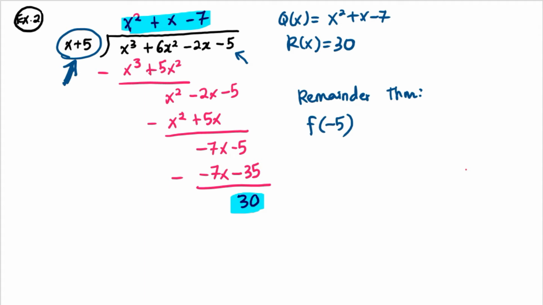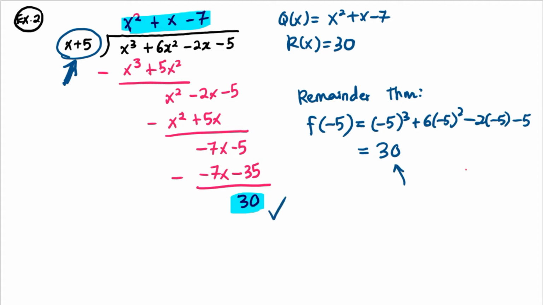Meaning you have to substitute negative 5 into this polynomial. So let's try: negative 5 to the power of 3 plus 6 times negative 5 to the power of 2 minus 2 times negative 5 minus 5. Simplify this using your calculator, you get 30. So this is the remainder. You get the same as when using long division. So you can use the remainder theorem if the question asks you.